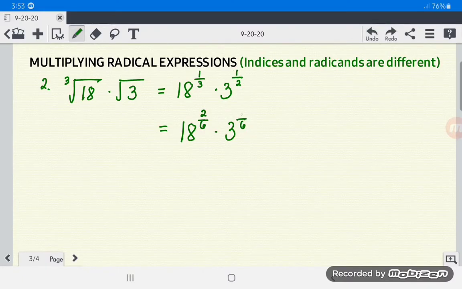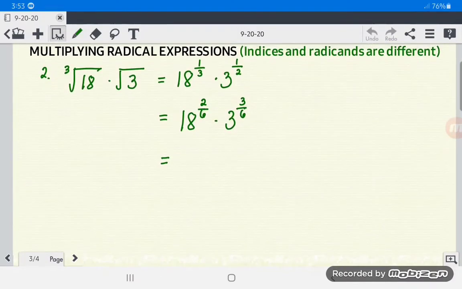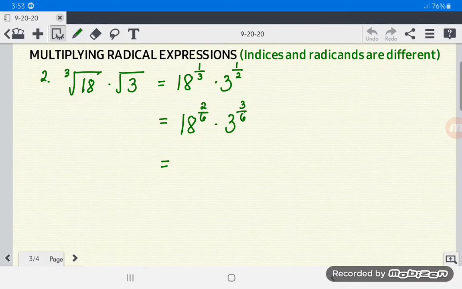Next, we're going to rewrite the product as a single radical, since we now have the same rational exponents. We get the denominator and make it the index. So, we have the 6th root of 18 raised to the second power times 3 raised to the third power.